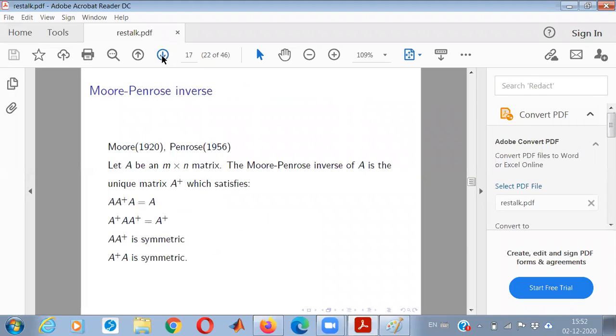Okay. And I like to use the Moore-Penrose inverse. By the way, this is also the 100th year of the Moore-Penrose inverse, because Moore gave a very concise abstract with a horrible notation. I don't think it is available as a paper, because it was presented at the AMS meeting in 1920.